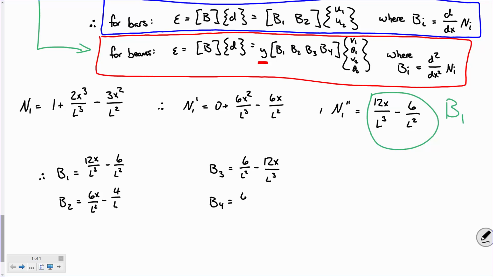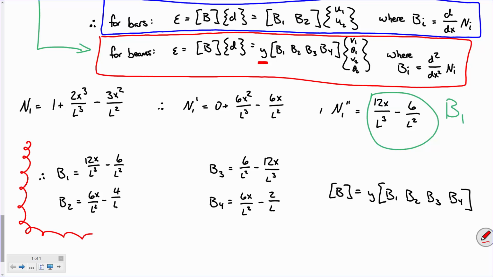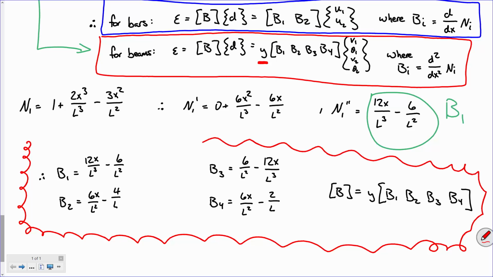Last one, 6x over L squared minus 2 over L. And then remember, the B matrix is Y times B1, B2, B3, B4. So what I'll do is another big circle. And that's our gradient matrix.